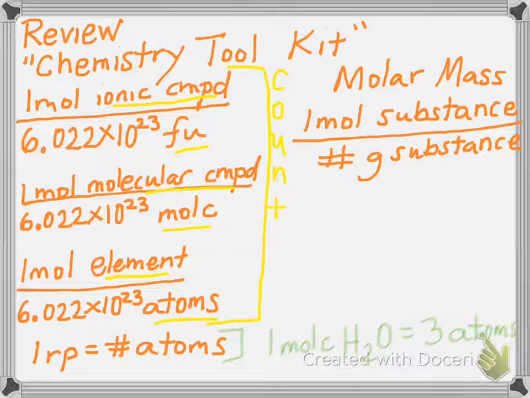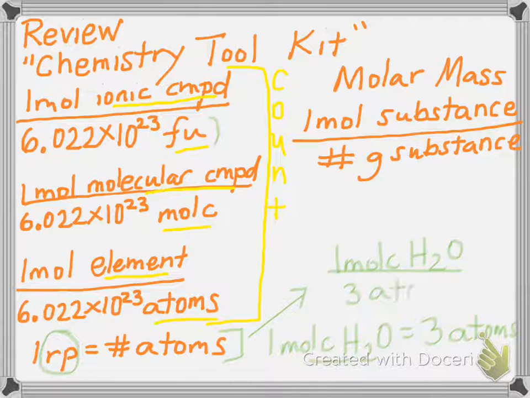You can do this with any substance, whether that's a molecule or a formula unit for an ionic compound. Either one of those, you could make this type of conversion factor. I can write this as 1 molecule of water over 3 atoms when I need to do a conversion like that.